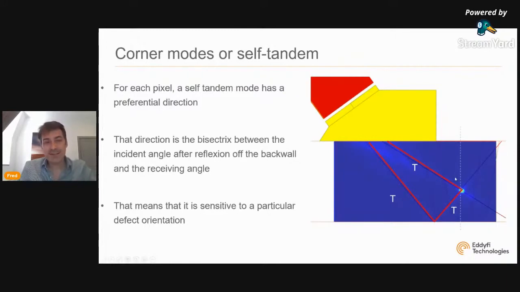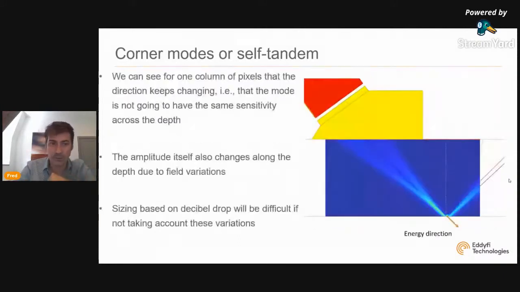The 3T tends to have a preferential direction, which is the bisectrix between the direction after reflection, like this one, and the receiving angle. So for this particular pixel, the direction of the energy is pretty much horizontal. It's kind of going this way. So meaning that we are going to be sensitive to defects perpendicular to that direction. So this is important because the corner mode are kind of looking for specular echoes.